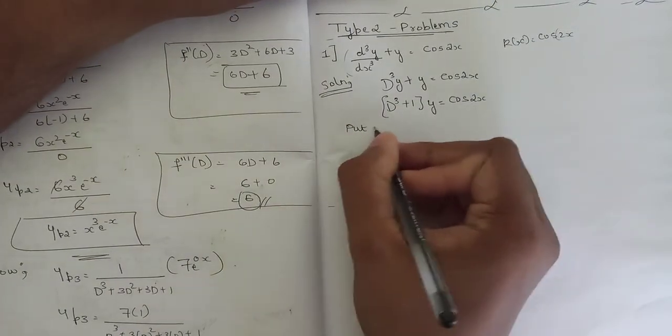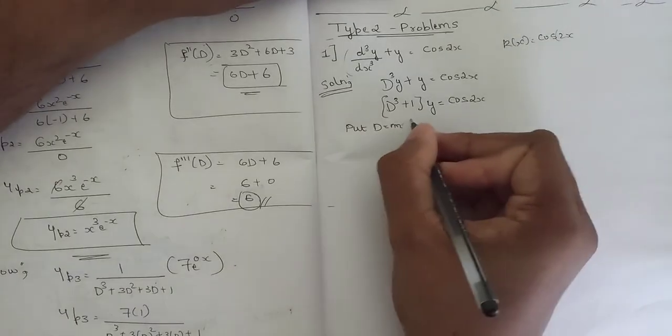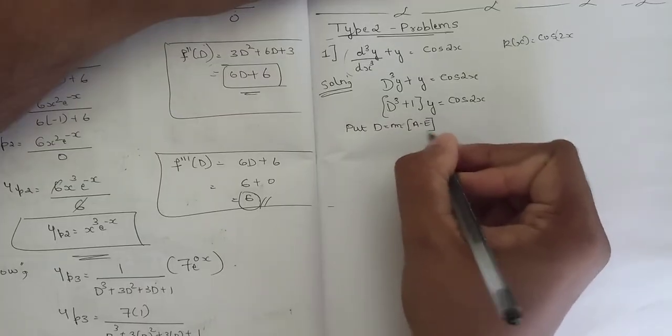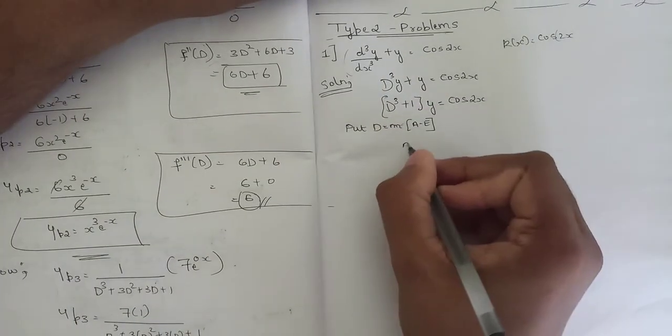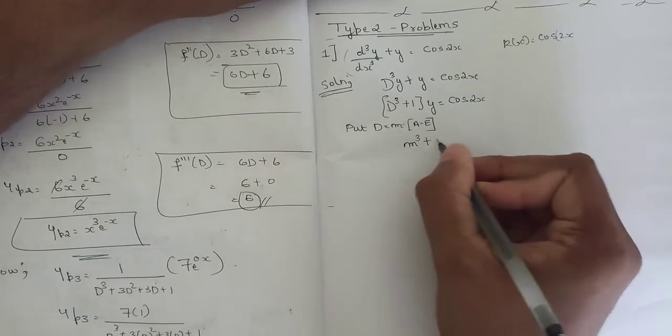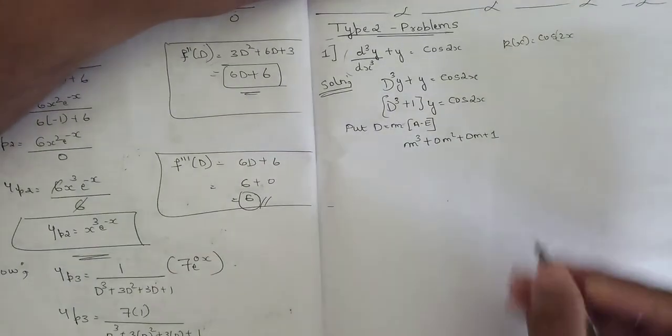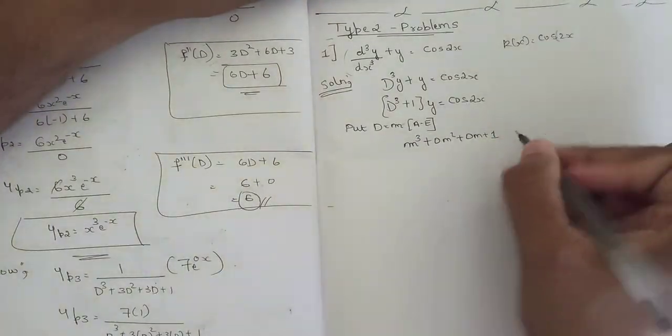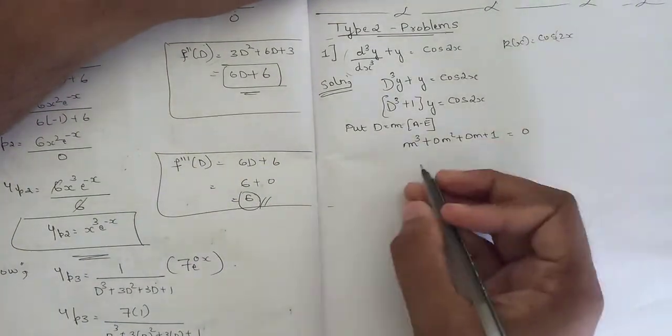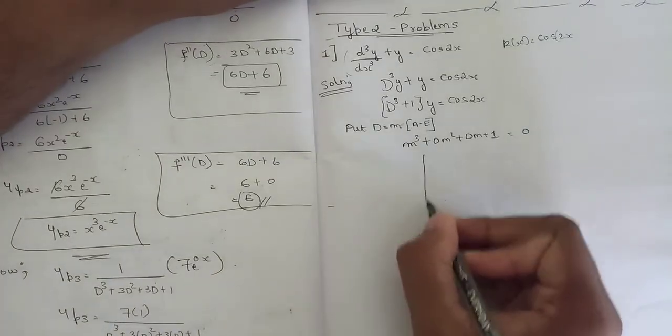So now we need to put d is equal to m according to the auxiliary equation. So now this would be m cube plus 0m square plus 0m plus 1, right? That is equal to 0. This is again a cubic polynomial.